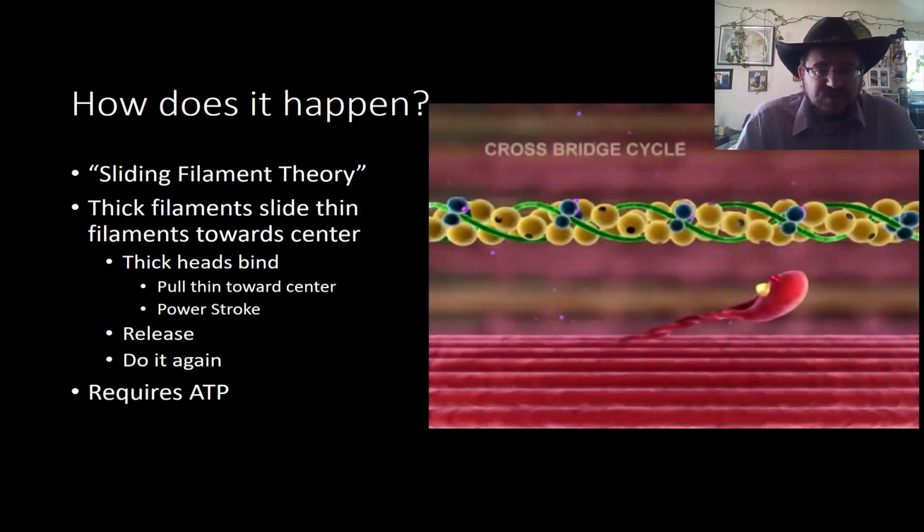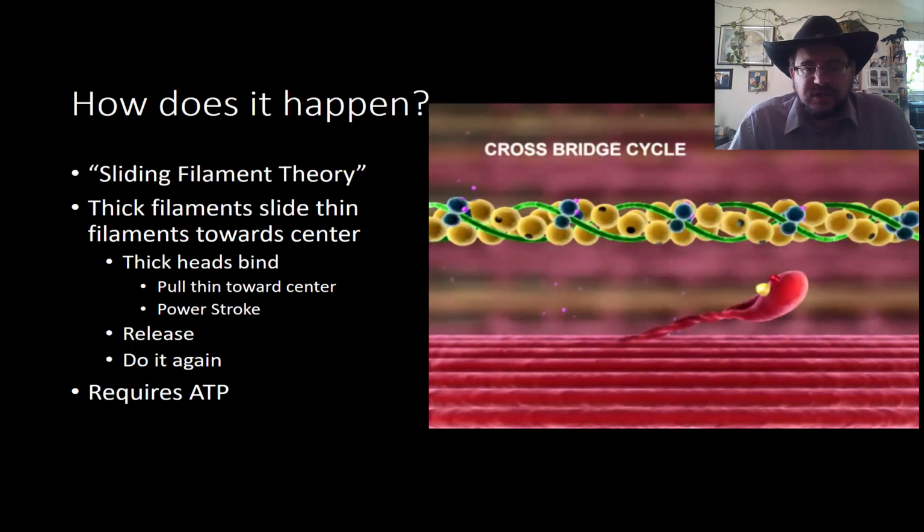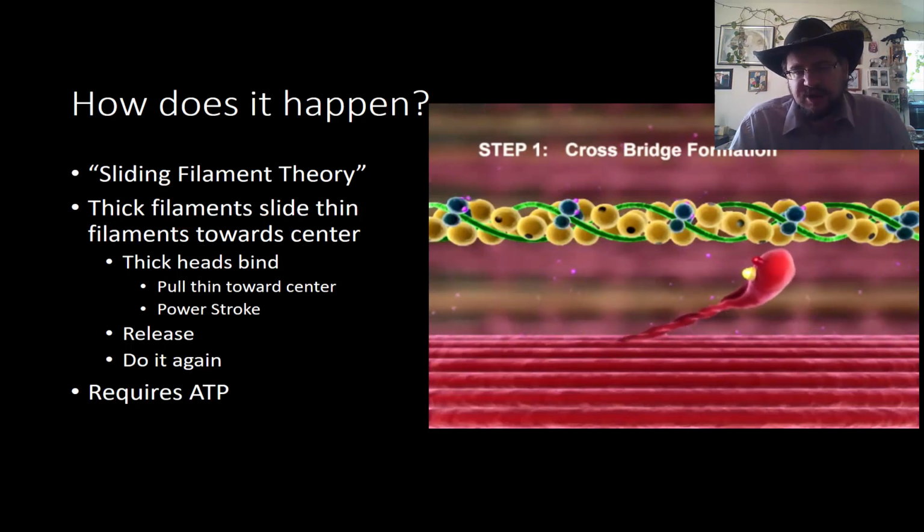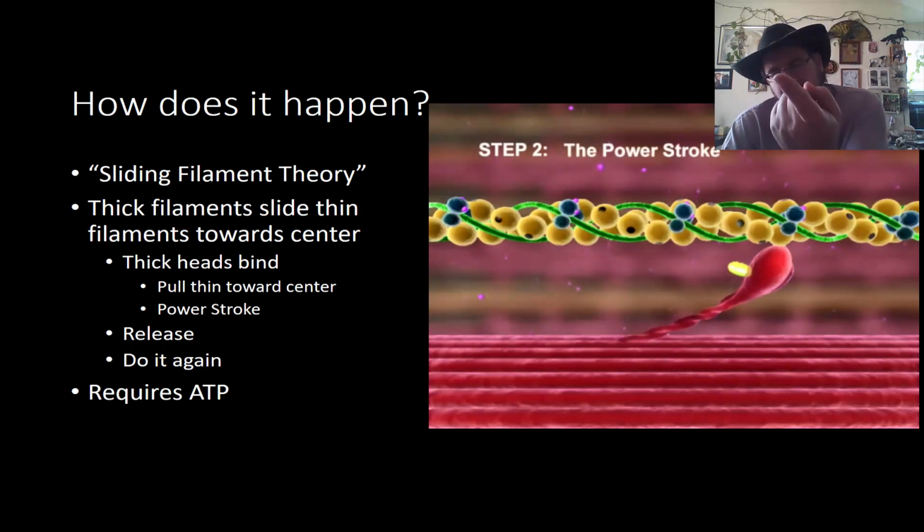So I have this cool video. Here's one of those little heads. Do not pretend you need to know cross bridge, but this is a thin filament in yellow. This is the little head coming up, and it binds up, right? There's some ATP action going on. And then power stroke.